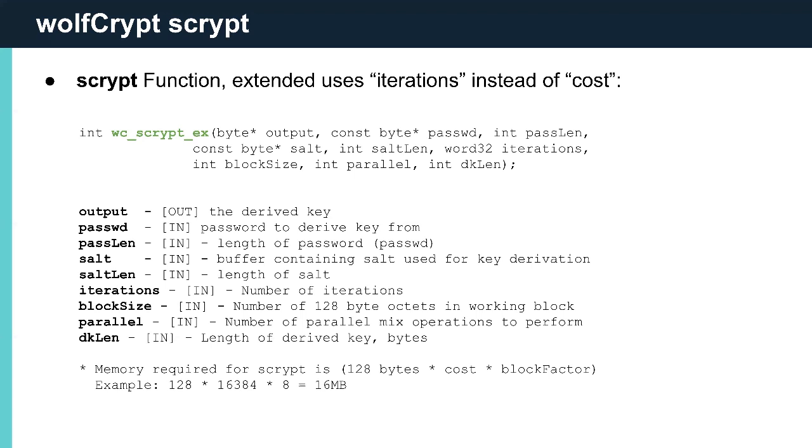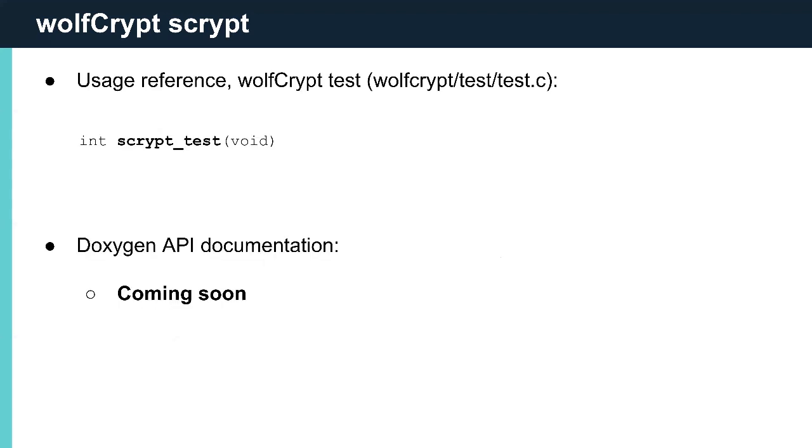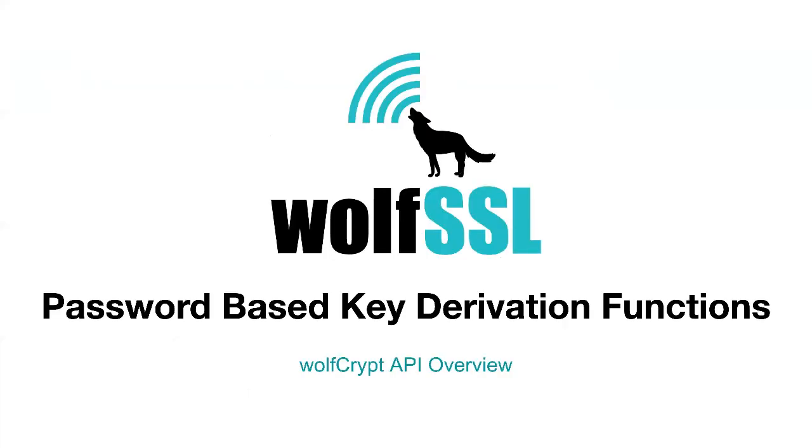There's an EX function as well that uses iterations instead of the cost argument. You have one function in test.c, and this one we actually don't have a Doxygen API for that I saw, but we'll have that coming down the line here soon. So that gives you an overview of our password-based key derivation functions inside of wolfCrypt.